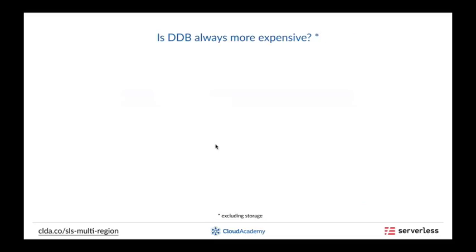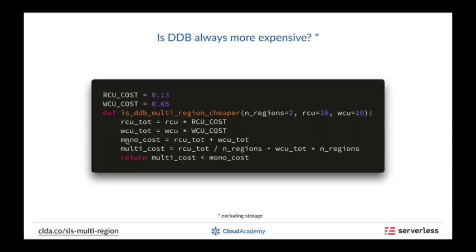If you check this function in the multi-region cost estimation, we are dividing the read capacity unit by the number of regions and multiplying the write capacity unit by the number of regions. That means that even though write capacity is shared, you need to multiply it by the number of regions. So you always have to provision more write capacity.